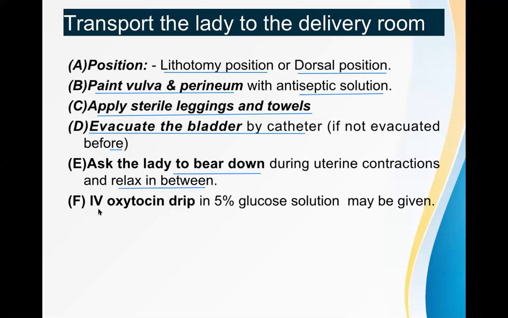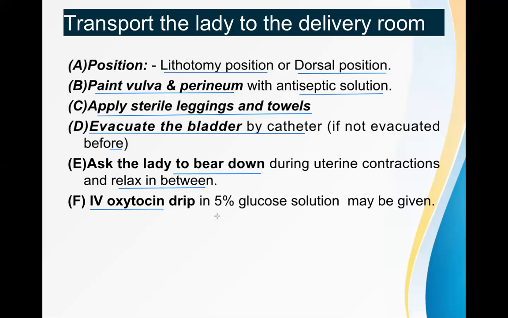And one very important drug is oxytocin. Now you all know the role of oxytocin here. What is the role? Why do we give oxytocin here? Contraction. Exactly, to increase the uterine contraction. Very good. Oxytocin is the drug which increases uterine contractility.